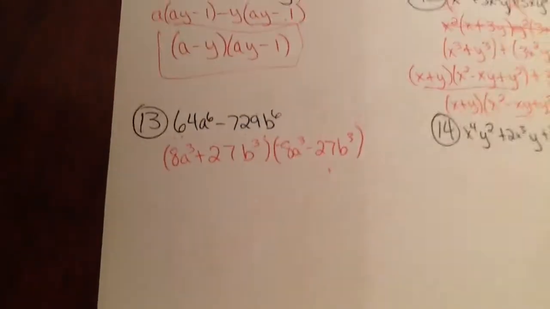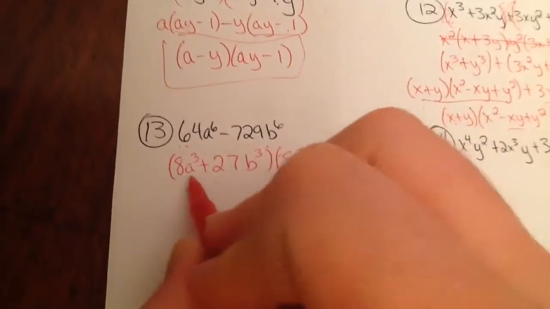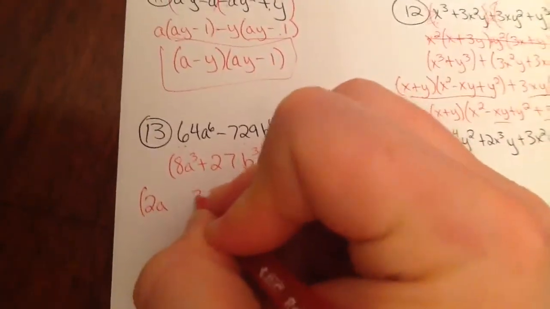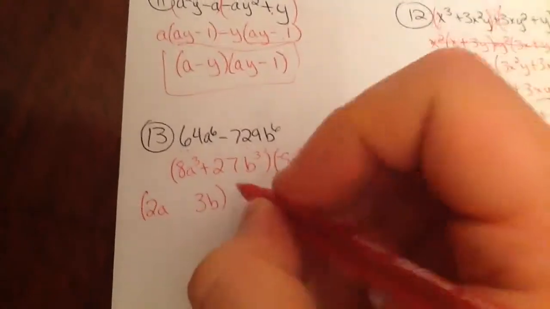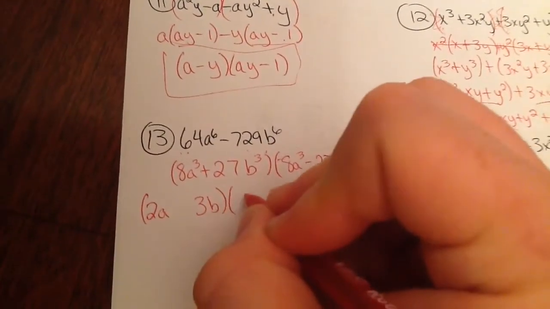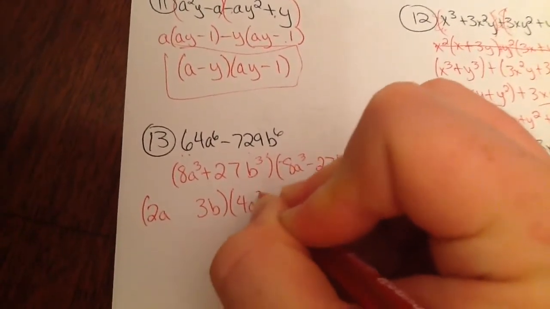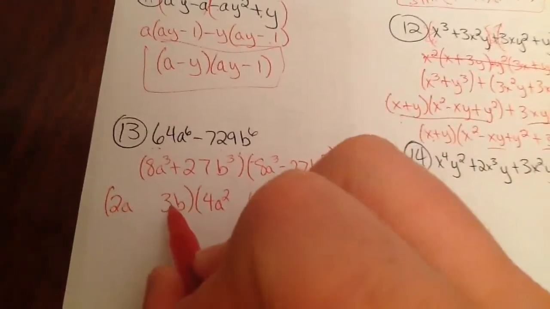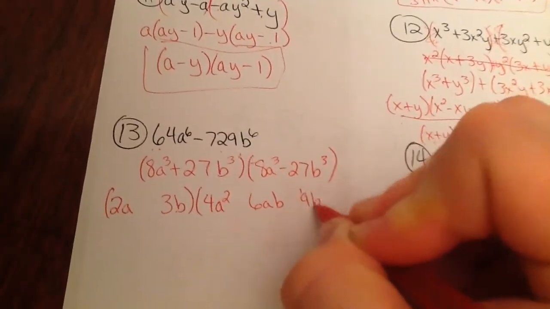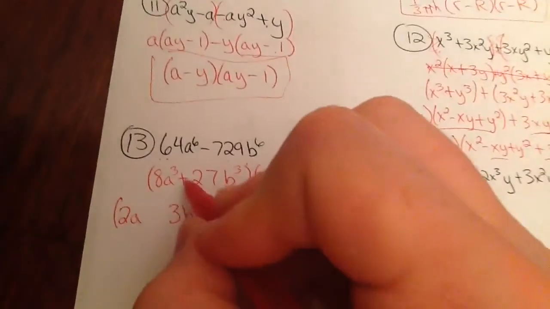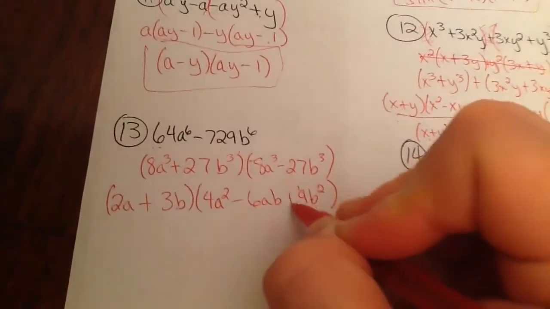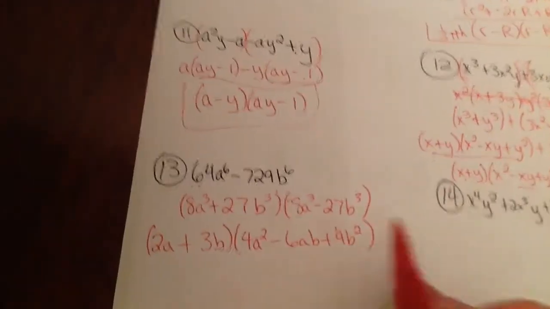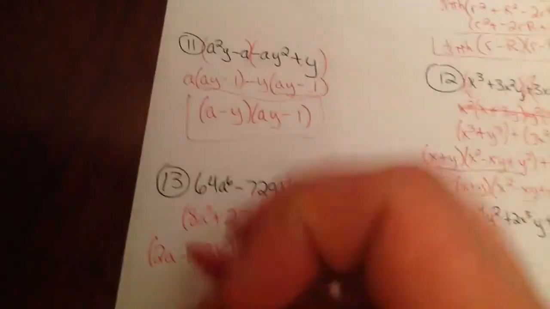Third root of that would be 2a, third root of that would be 3b, and then that one is squared to go here, so 4a squared, multiply the 2, 6ab, and then that one squared is 9b squared. Same, opposite, always positive. Then that one's going to be the exact same letter number combination, just different signs.